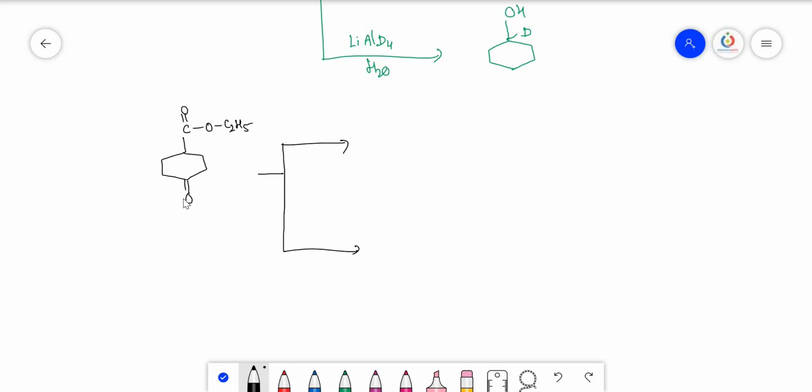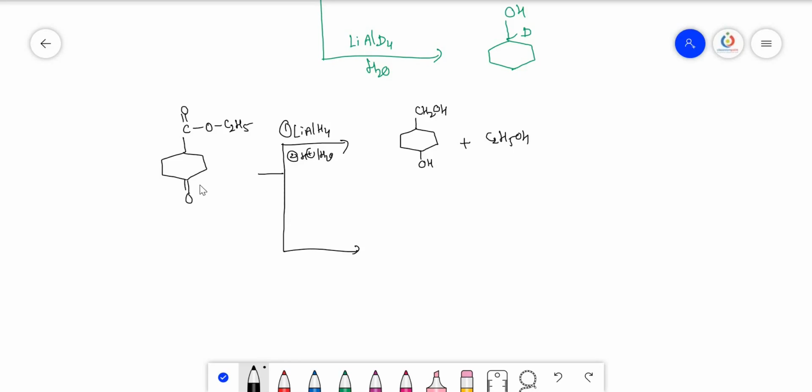If you want to reduce both of these functional groups, then which reagent you have to prefer? That is lithium aluminum hydride first of all. Second one is always followed by H plus and H2O. Without this one, it cannot complete the reaction. So it will reduce both of these functional groups. This keto group will go to the alcohol, and here it will be CH2OH, and this C2H5 also will be converted to C2H5OH using the lithium aluminum hydride.